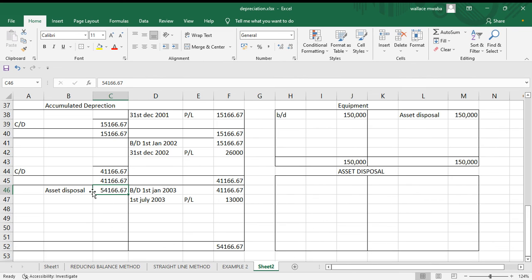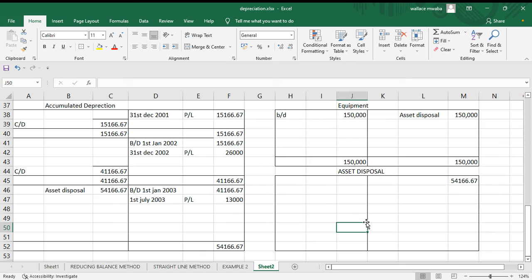So on asset disposal, we're going to credit 54,166.67.